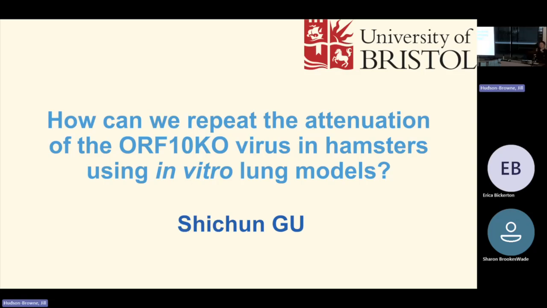And based on the results so far, we think that it is the RNA structure that helps the pathogenicity of SARS-CoV-2 during infections, because the knockout virus, which does not have the ORF10 protein, did not, well, how can I say that?